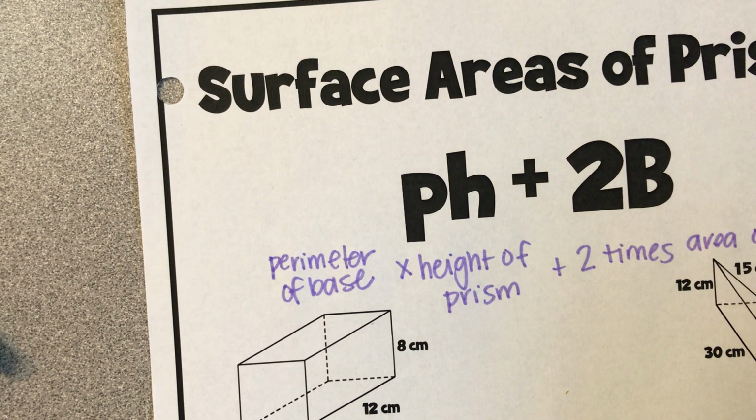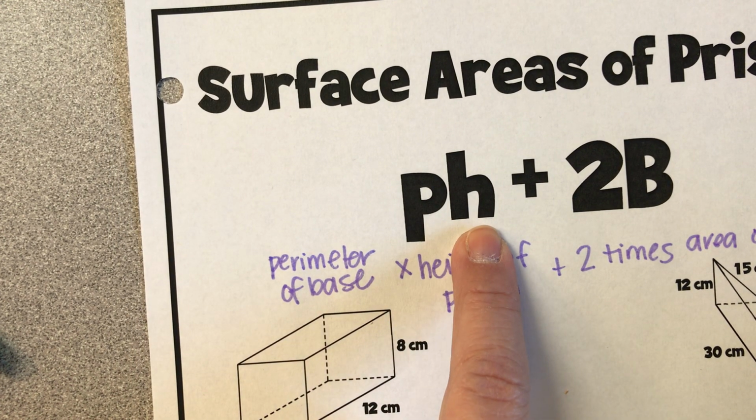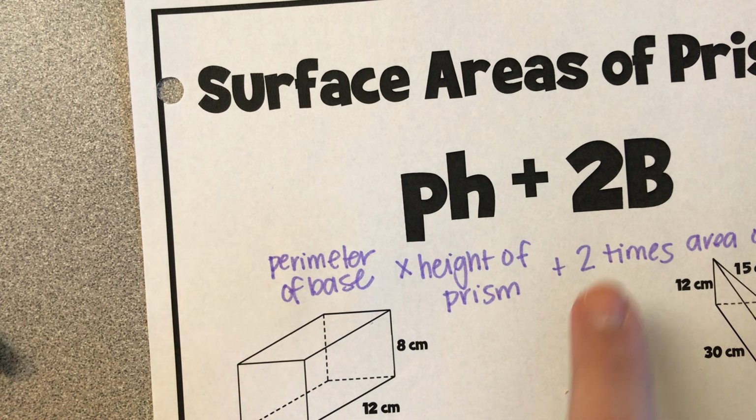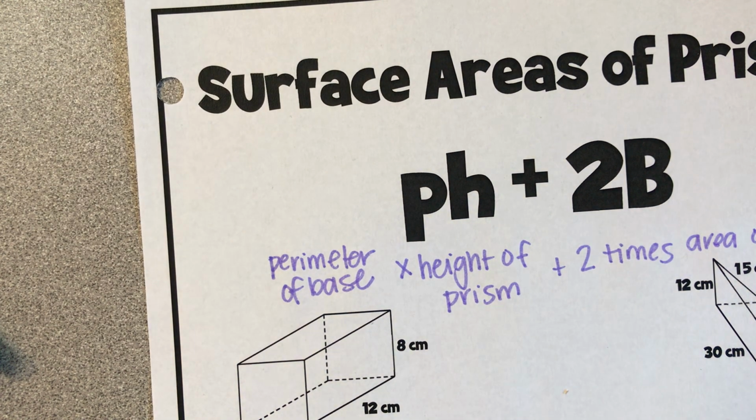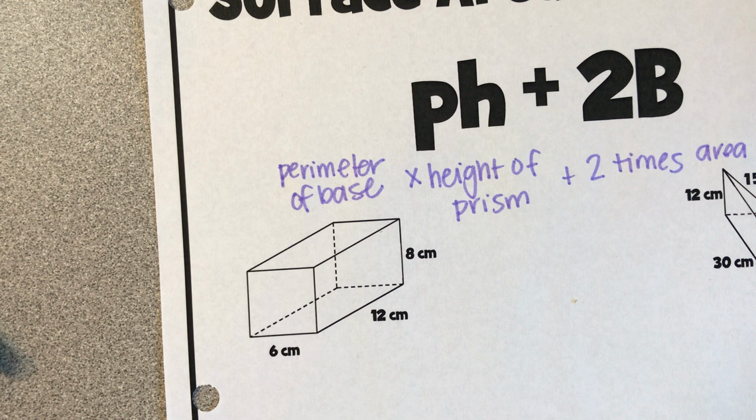Okay, so perimeter of the base times the height of the prism plus 2 times the area of the base. So what is the base? Okay, that's what we need to figure out first.